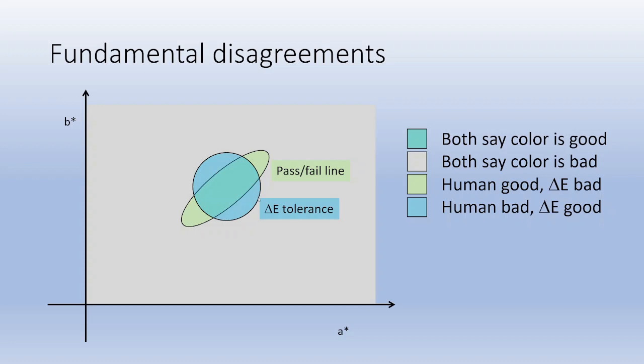Now, that's perhaps going to make the thread dyer happy because here we're getting away with having bad product, to put those in very black and white terms, no pun intended. But the thread buyer is going to be unhappy with that because they're going to look at the thread. They're going to say, I don't care if it's in tolerance according to delta E. My eye tells me that it's out of tolerance.